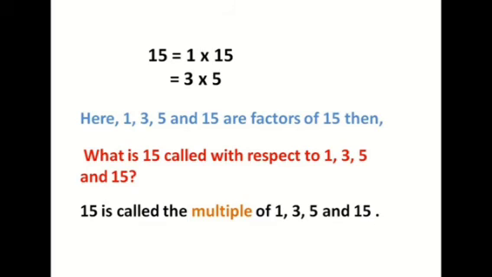Now we will discuss multiples. So what is a multiple? A number is said to be a multiple of any of its factors. Just now we have taken the example of 15. So the factors were 1, 3, 5 and 15. So if I take any of those factors, 15 will be the multiple of that number.